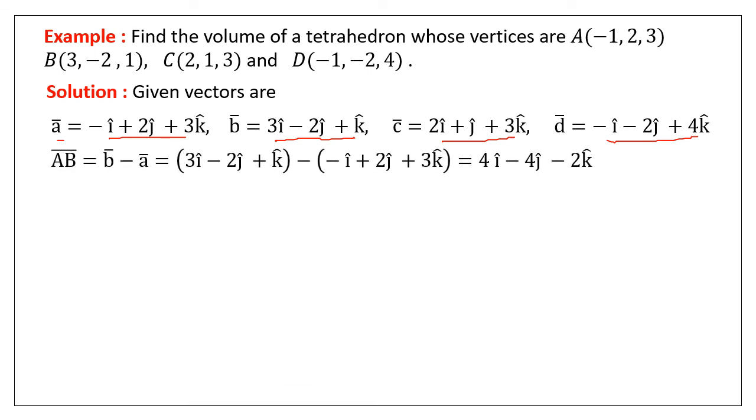Now we will first find AB bar equals B bar minus A bar. Write down the vectors B bar minus A bar, which gives us 4I cap minus 4j cap minus 2k cap.